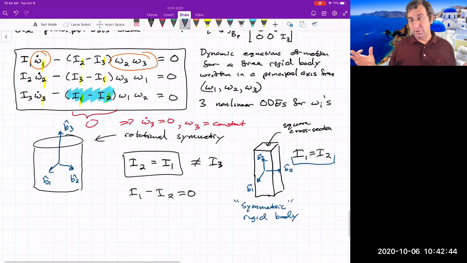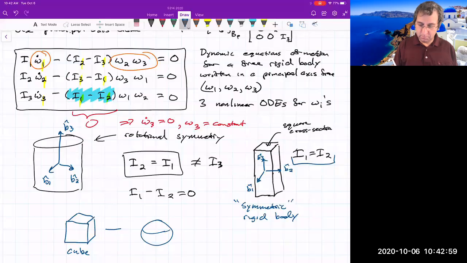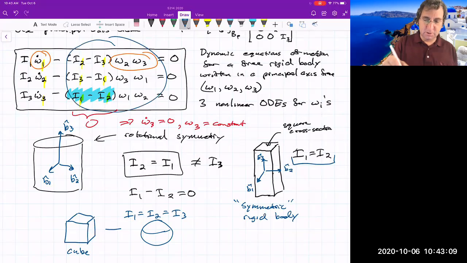If all three of the moments of inertia are the same, so you would get that if you had a perfect cube or a perfect sphere, then you would have all of them the same. And if you had all of them the same, then all these terms just drop out to zero. And that means you could rotate this object with perfect symmetry in all directions about any direction, and I1, I2, and I3 are all equal to constants.